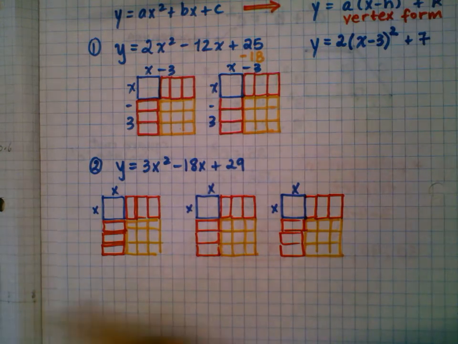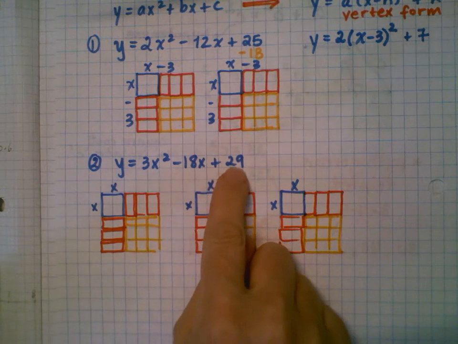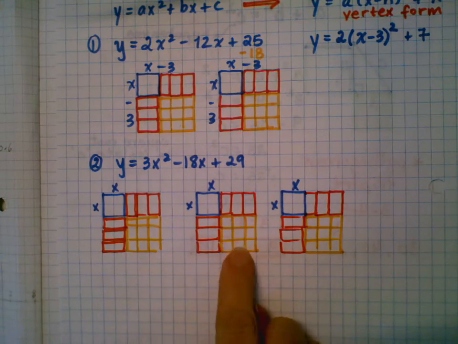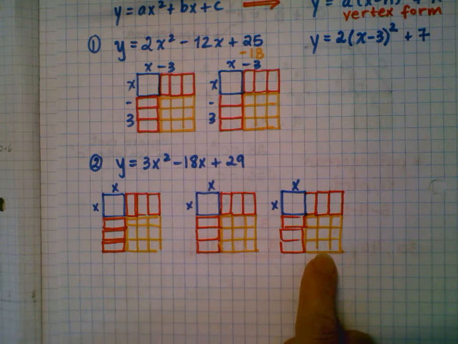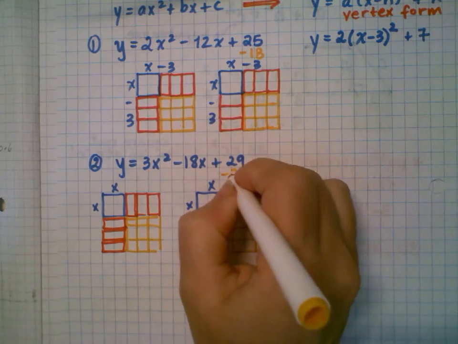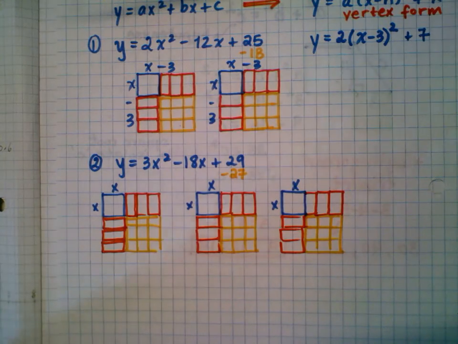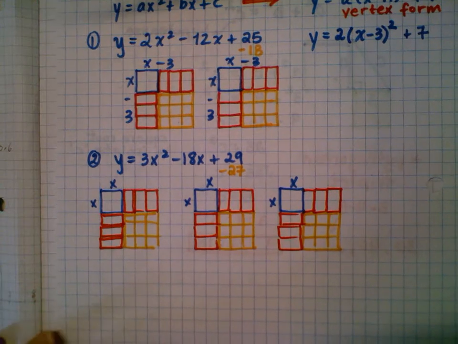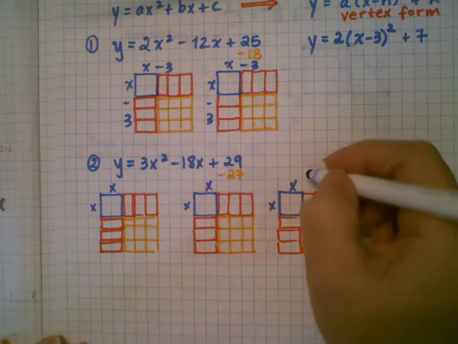So if I've allocated, from a constant term of 29, I've allocated 3 groups of 9 units. That's 27. So I'm going to take away 27 here from this constant term. That leaves me with 2 left over in that constant.